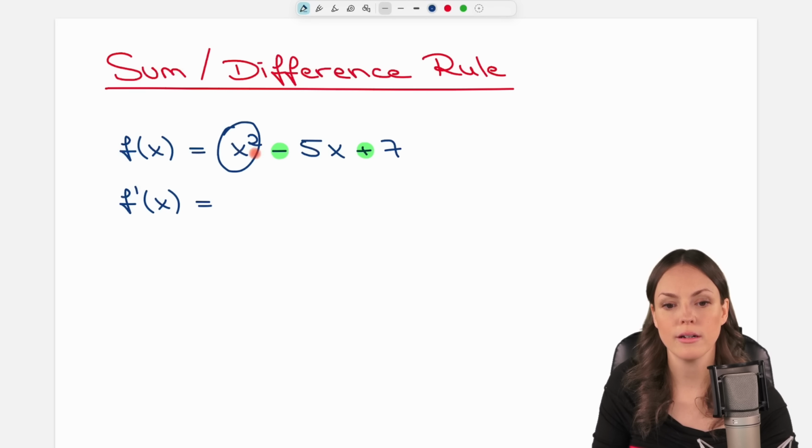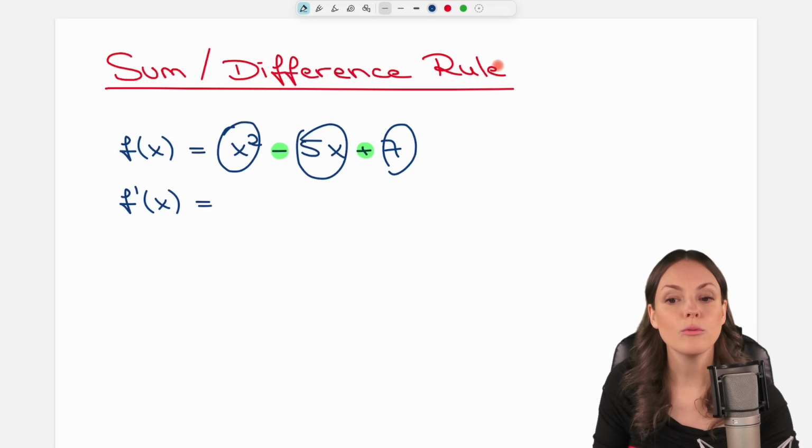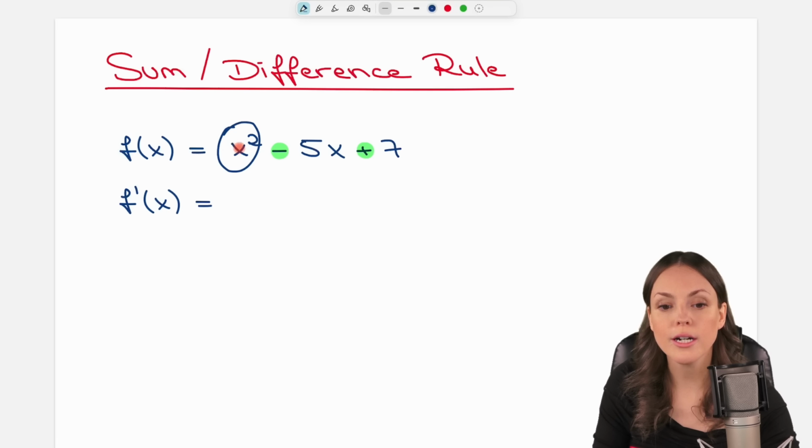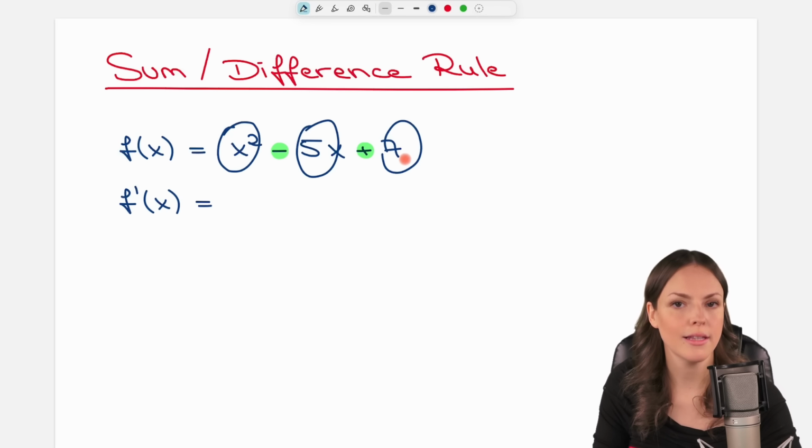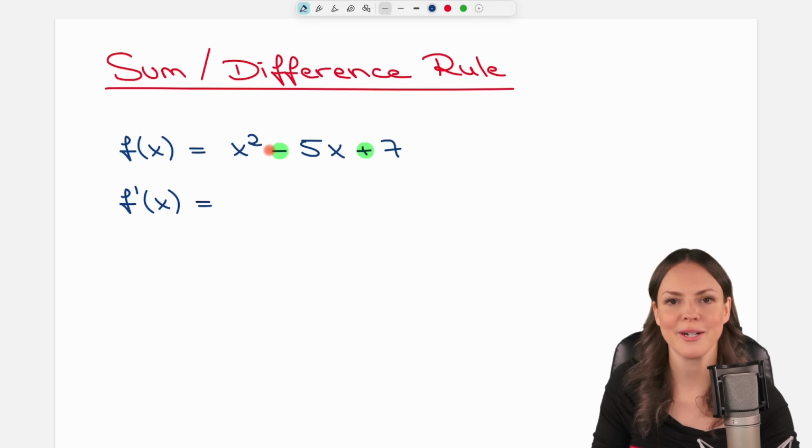We have this part here, and this part here. And the rule then says differentiate each part individually. So start with your first part, then after you're done, differentiate the second part. After you're done, take care of the last part. So fortunately, pretty easy.